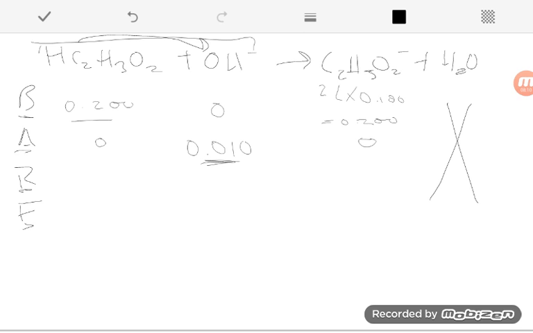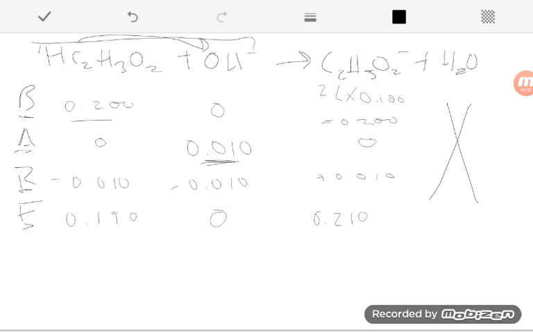So I obviously have less of the 0.010, and so what I'm going to do is I'm going to react that much. So I'm going to use up that much on the reactant side, which means I'm going to produce that much on the product side. Pretty similar to our ice table. Now when we do this, we see we've used up all of the hydroxide, but we still have 0.190 left of the acetic acid, and we made some more of the acetate ion.